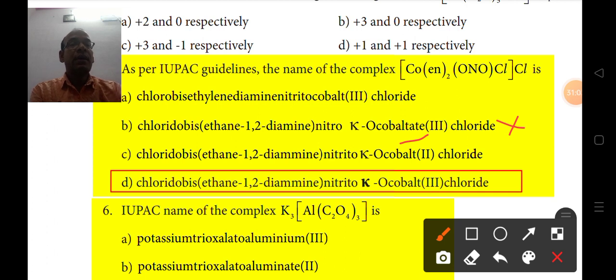Remaining options: ethylene diamine is 2, therefore bis comes.